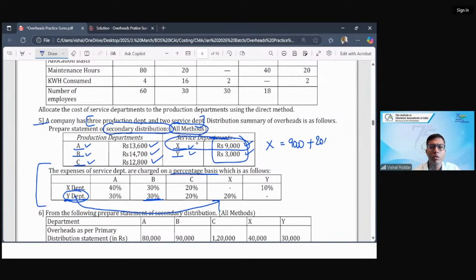So done, 20% of y. Now make the equation for y. How much is the own expense of y? 3,000 plus 10%. How much is x giving to y? 10%. Done. Both equations are done. Correct? Yes, sir. But 0.1 next. Yes, so 10% means 0.1. 20% is 0.2. Okay, correct, na?